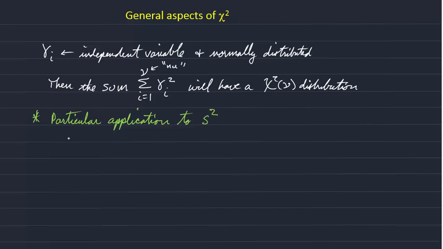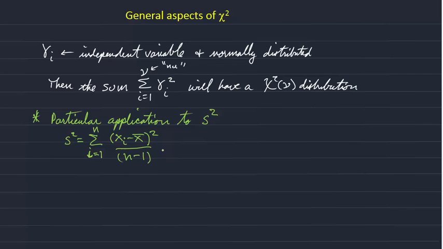So recall that the variance of a sample is equal to the sum, I'll use i, not j, of all the measurements in the sample of the deviation from the mean squared divided by n minus 1.